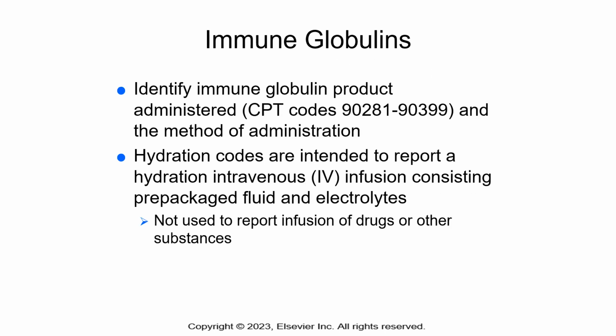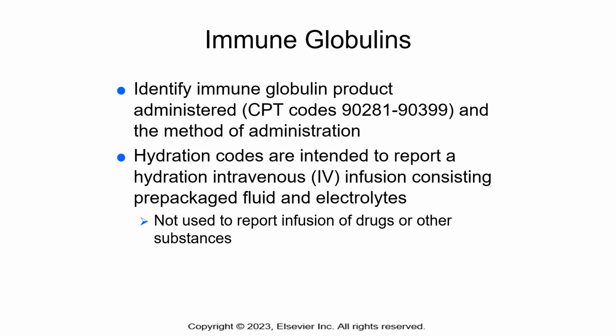Immune globulins, you identify the globulin that's being used, and it has its own individual code, because it is a substance, basically an injection type thing. And then you also code the method by which it was administered. So maybe you give an injection, but you also have to code the medication.